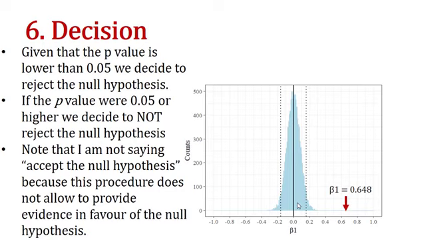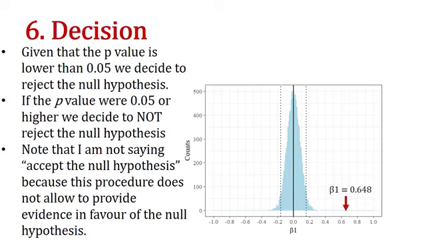That's because the procedure we use doesn't allow us to provide evidence in favor of the null hypothesis. This procedure allows us to provide evidence against the null hypothesis, but not in favor of it. And this is one of the problems that I'm going to explain in a minute.